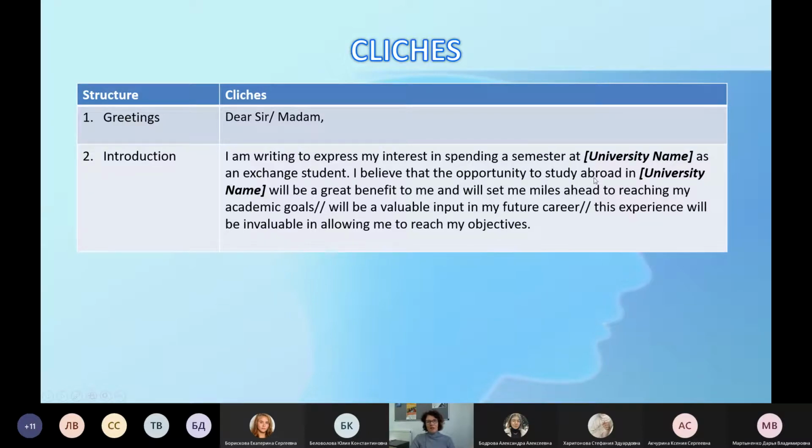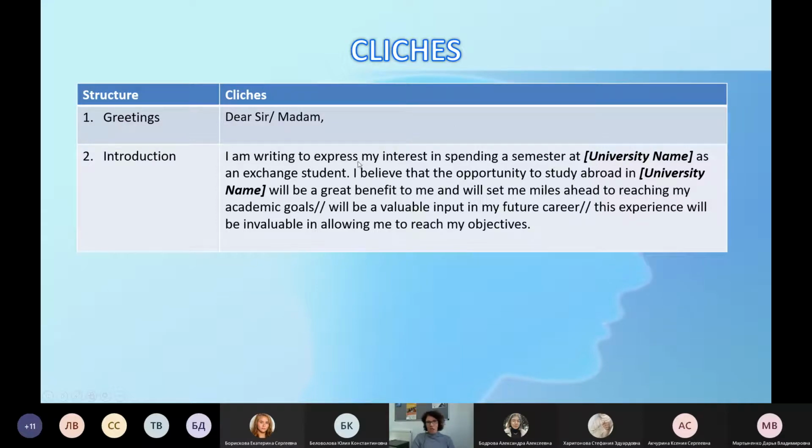I believe that the opportunity to study abroad in university name will be a great benefit to me and will set me miles ahead in reaching my academic goals, or will be a valuable input in my future career, or this experience will be invaluable in allowing me to reach my objectives, right? So here you wrote everything about the goal, what you want, what university you're applying for, maybe the program you're applying for, and that you hope that it will help you.